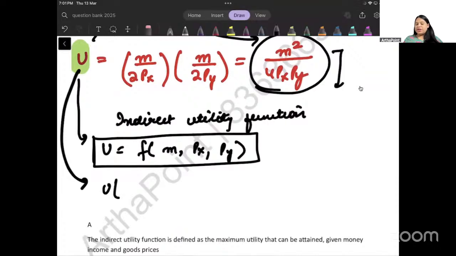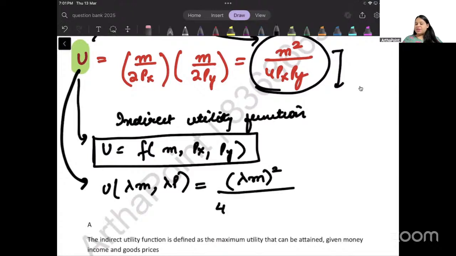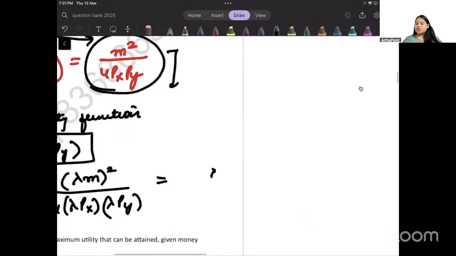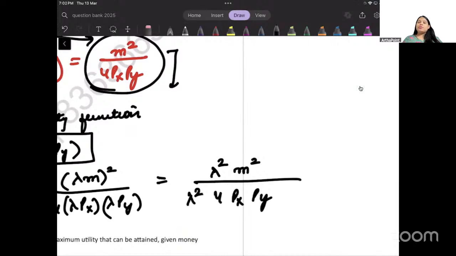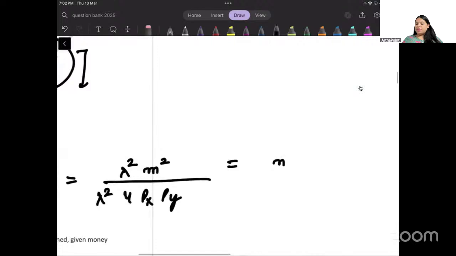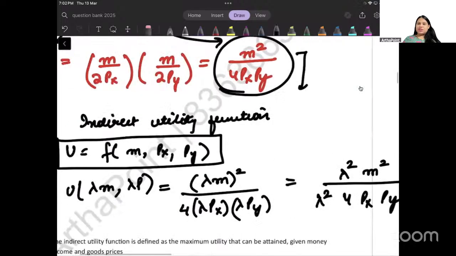You will put lambda m and lambda p. तो अगर हम यहाँ पे m की जगह lambda m लिखें और p की जगह पे lambda px लिखें हर जगह पे, what will I get? Lambda square m square upon lambda square 4 px py. And beta this will give you m square by 4 px py. माने lambda will be cancelled.